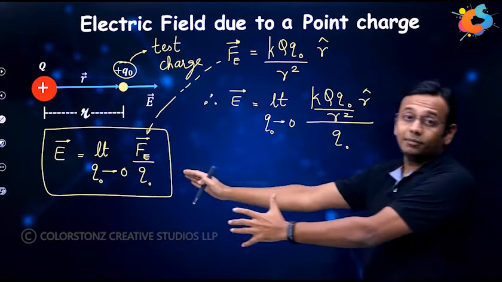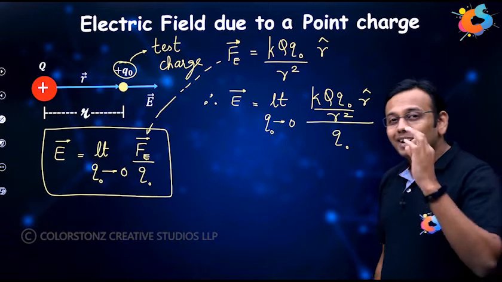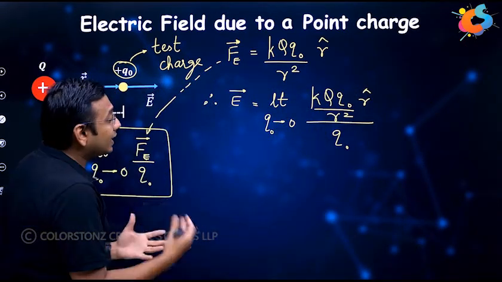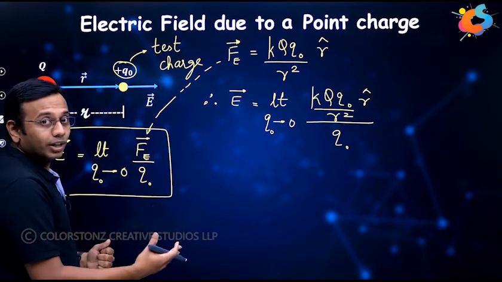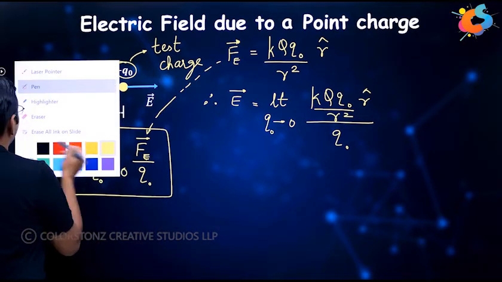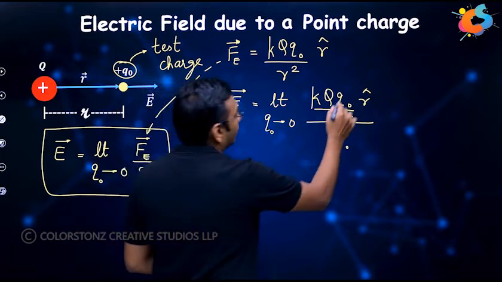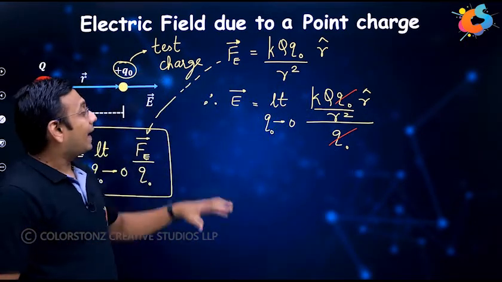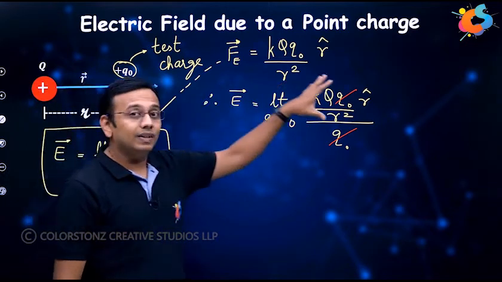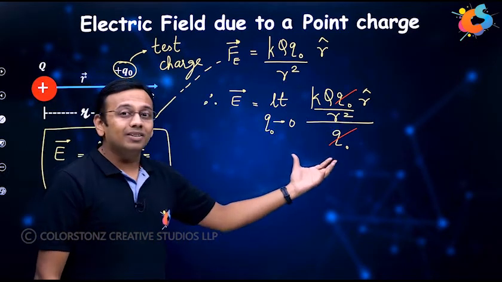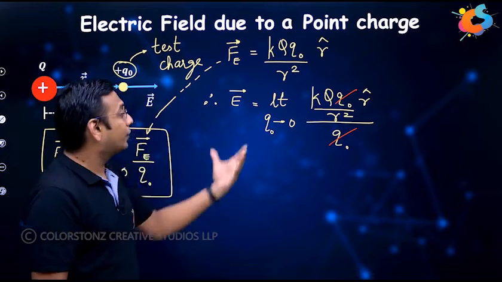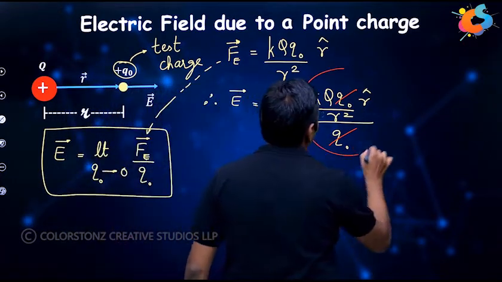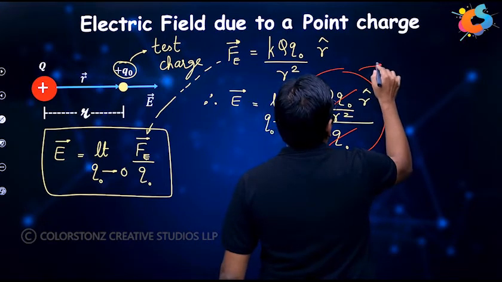As soon as I write this, you can clearly see that the Q naught is going to get cancelled. And therefore, this whole term on the RHS becomes independent of Q naught. Just observe this carefully.